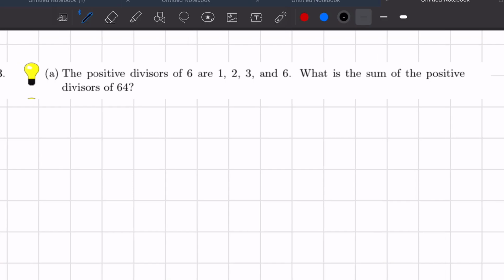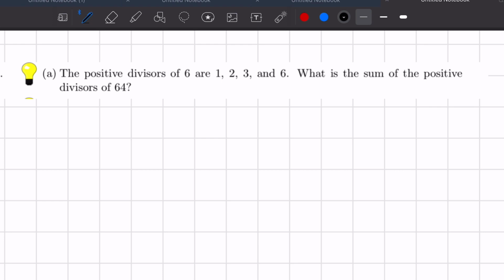Okay, so the first part of question number 3 says that the positive divisors of 6 are 1, 2, 3, and 6. What is the sum of the positive divisors of 64? So we first need to find each positive divisor of 64. Since 64 equals 2 times 2 times 2 times 2 times 2 times 2, we get 4, 8, 16, 32, and 64.